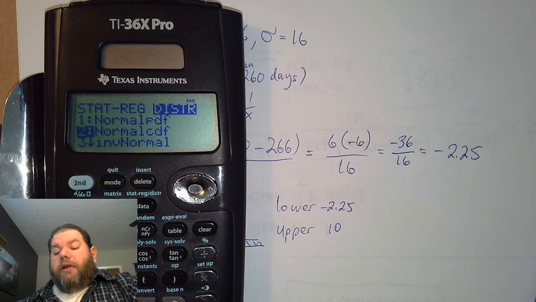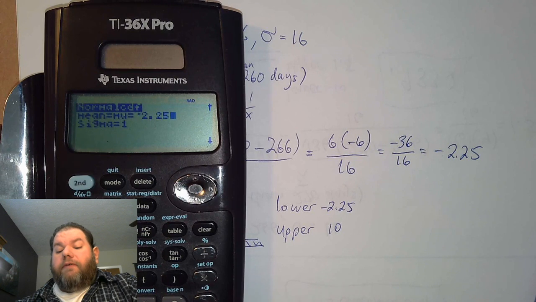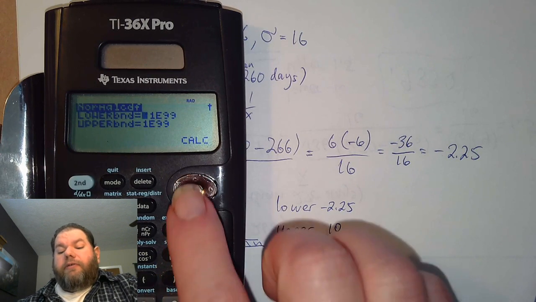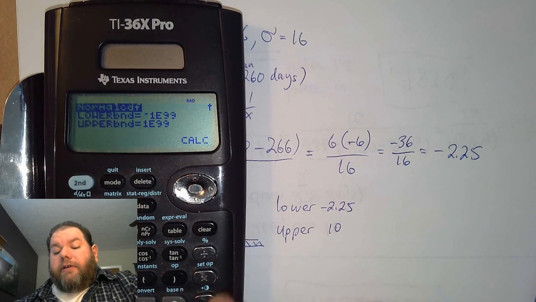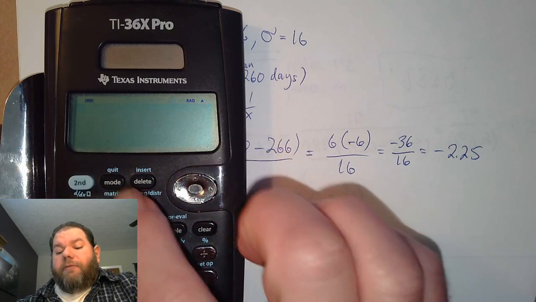Go down to normal CDF. Negative 2.25 is our lower. 10 is our upper. Well, I just screwed that up. Sorry, I got distracted. Let me start over. Quit and repeat.